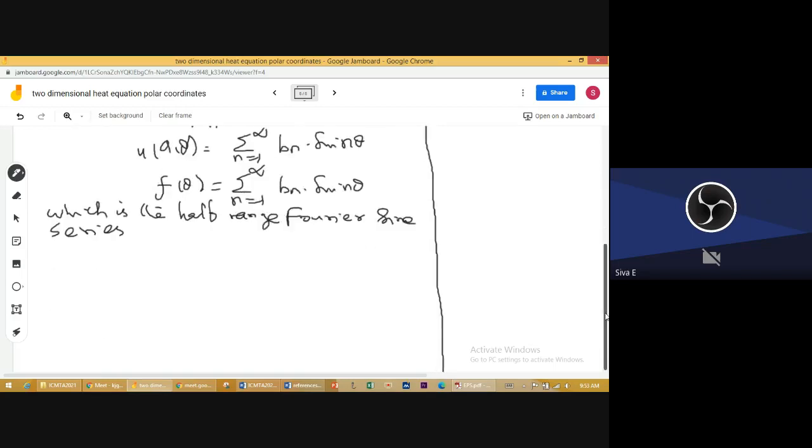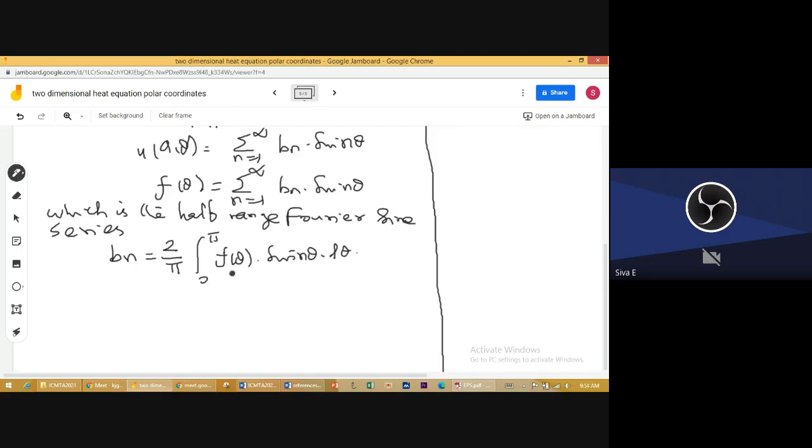Where bn equal to what? 2 by pi, because length is pi. In case it is L, we can write 2 by L. Here, length of the diameter is pi, theta value is 0 to pi. Therefore, we can write bn equal to 2 by pi integral 0 to pi f of theta sine n theta d theta.